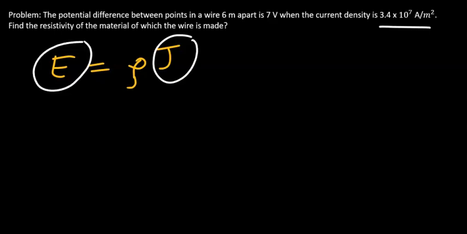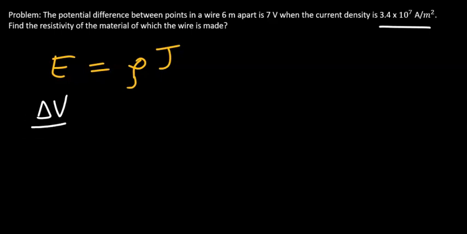We need to figure out the electric field. Electric field can be calculated from potential difference and the length, which we call L, equals resistivity times the current density. The potential difference between those 2 points, which we can take to be the length, is 7 volts.